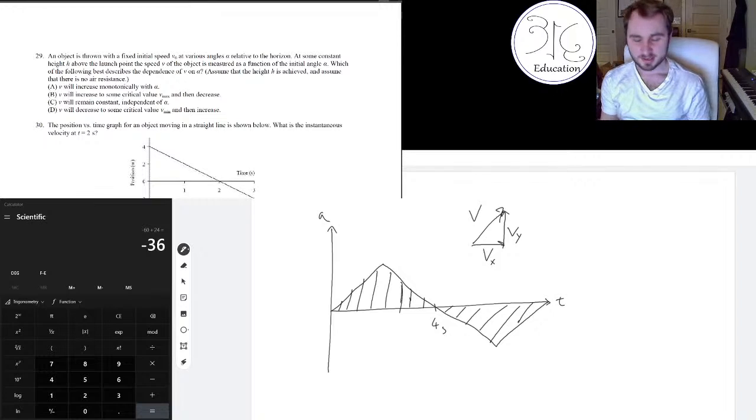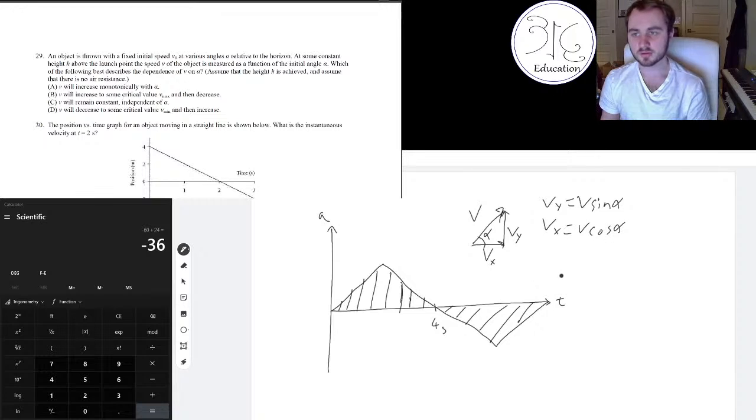Anyway, so our y component, if this is our angle alpha that we're dealing with, is then going to be the sine of this angle times v, v sine alpha. And similarly, our x component is going to be v cosine alpha.